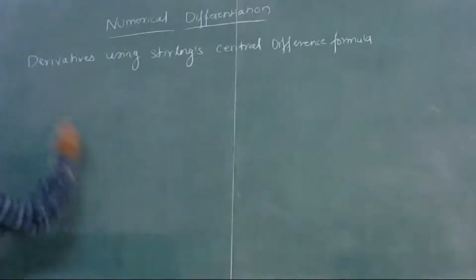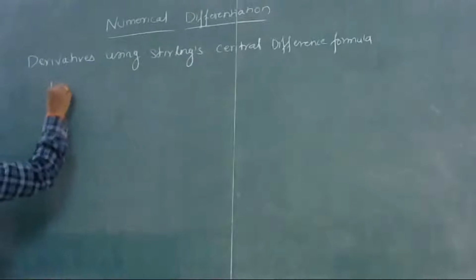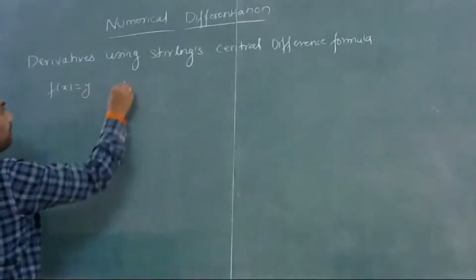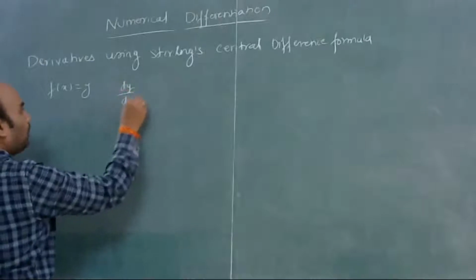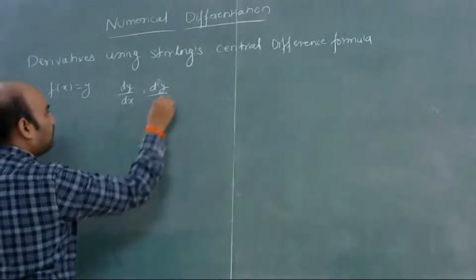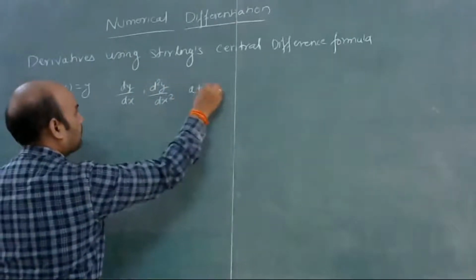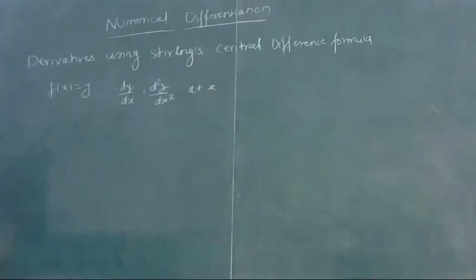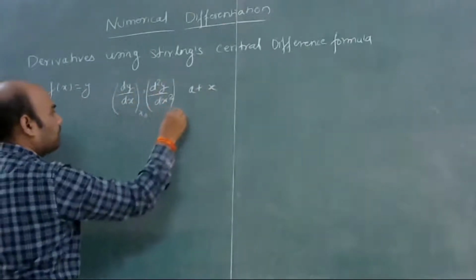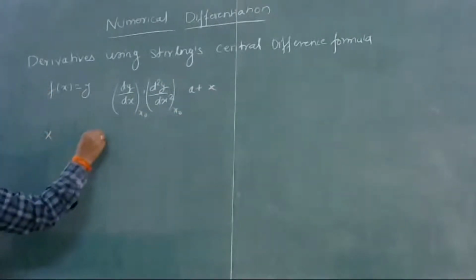Okay. So again, if a function f of x is equal to y is given, and you have to find the value of dy by dx or second derivative or higher derivative at a certain value of x, let's say at x0. And let's suppose this is x, y.